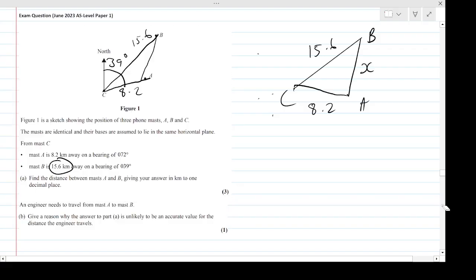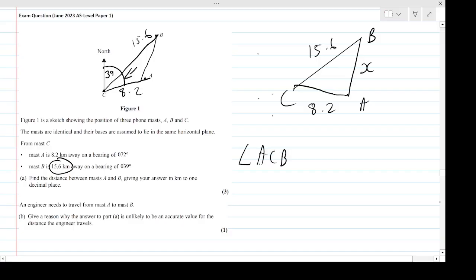Right. So let me show this again. If the overall angle here is 72, which is the bearing from C to A, but I'm told the bearing from C to B is 39, which is here, then I can work out this angle here in the triangle. We'll call it angle ACB.